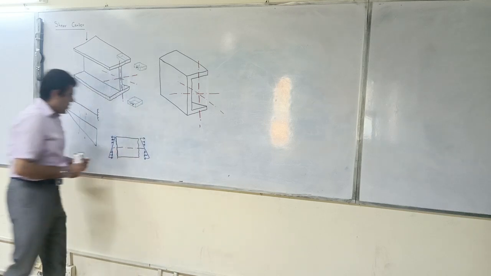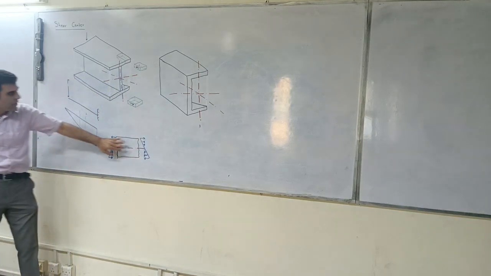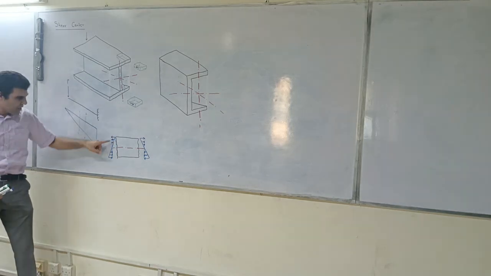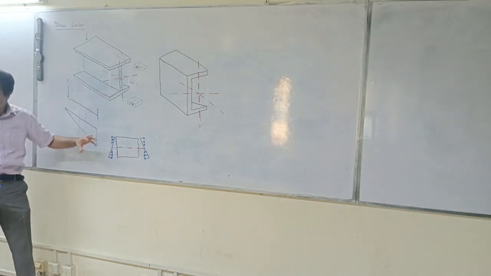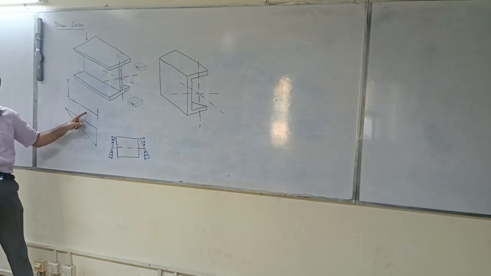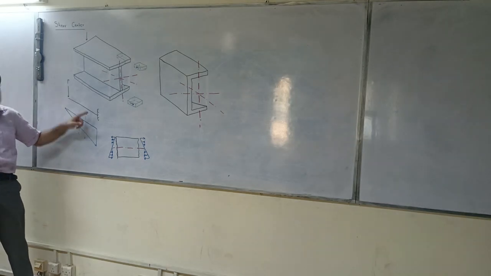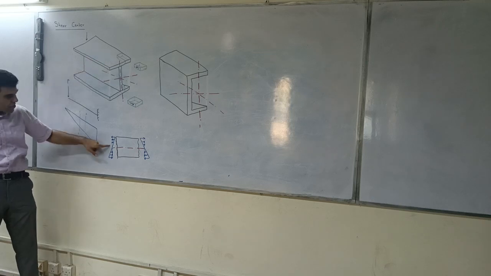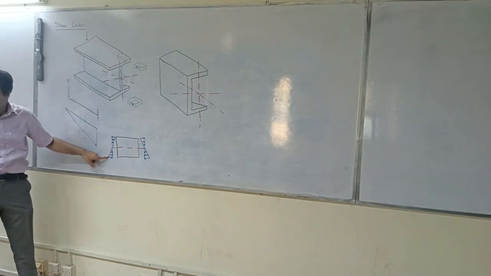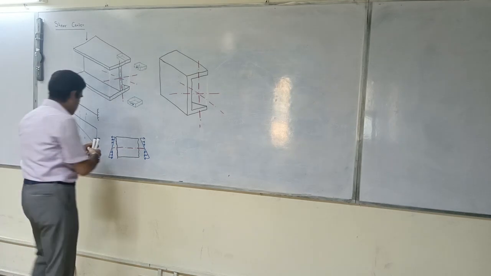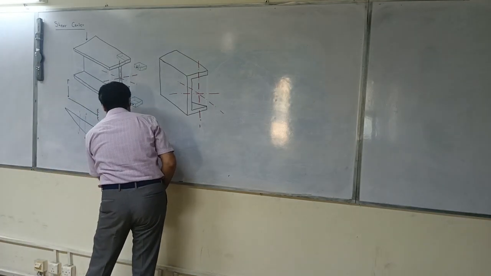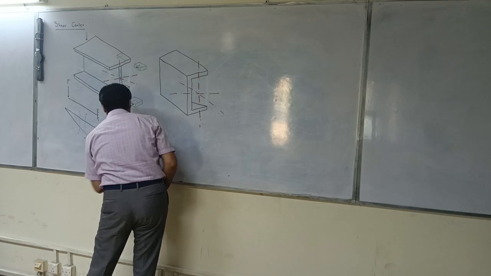We have a section taken from this member, and in this section we have a moment which looks like this. Remembering that this is a cantilever beam, the top flange will be in tension, which is shown over here, and the bottom flange will be in compression. So this is our section 1-1, and this is our section 2-2.